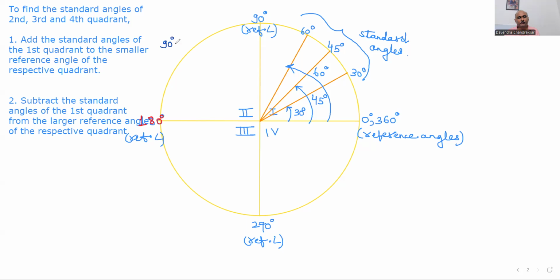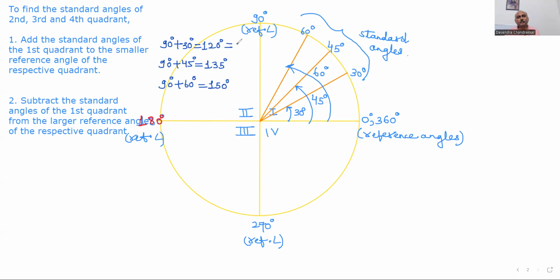So 90 plus 30, 90 plus 45, 90 plus 60. This is how much? This is 120 degrees. This is 135 degrees. This is 150 degrees, right?